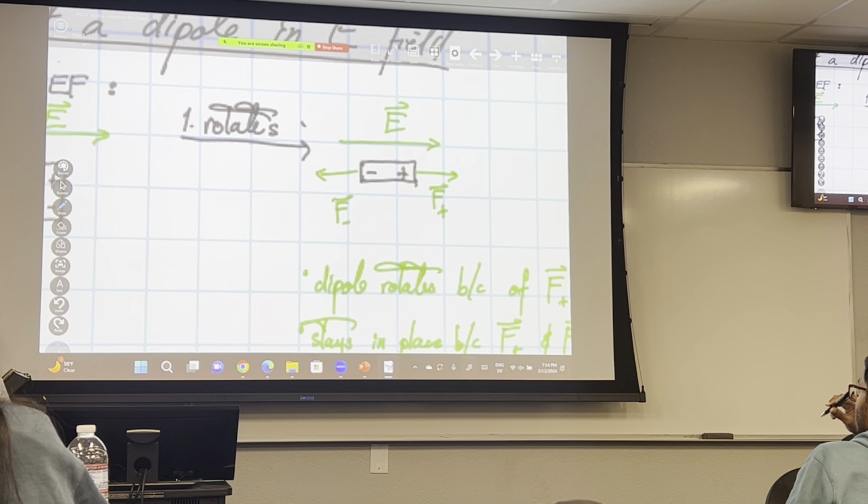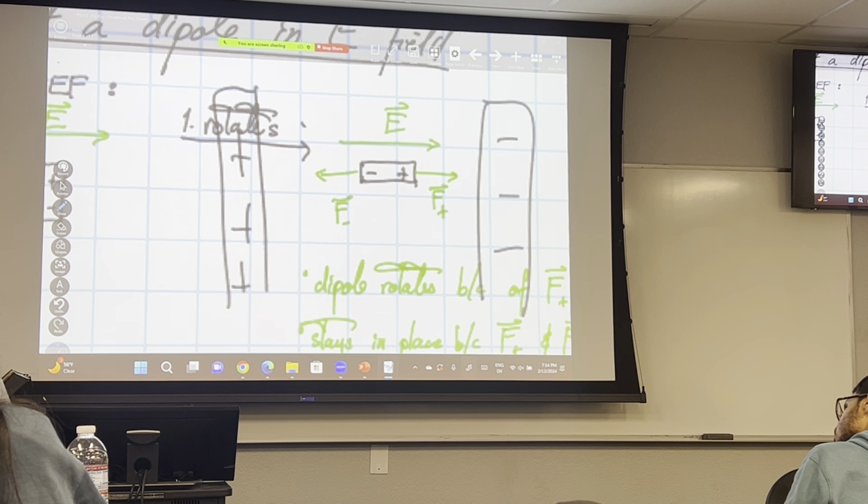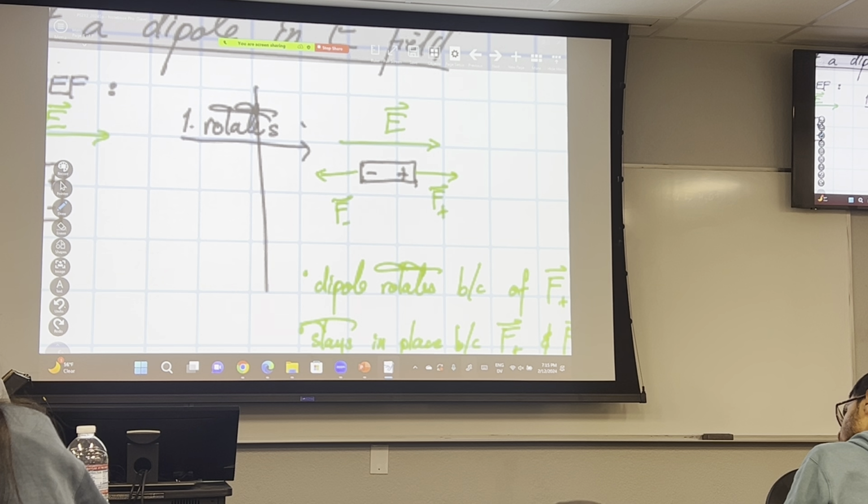The electric field is generated by something, and in a uniform electric field you can envision a positive electrode on one side and a negative electrode on the other. It just depends on whether the force is strong enough to push the positive charge on the dipole far enough that it continues to spin. Otherwise, won't it attract the negative charge towards it?